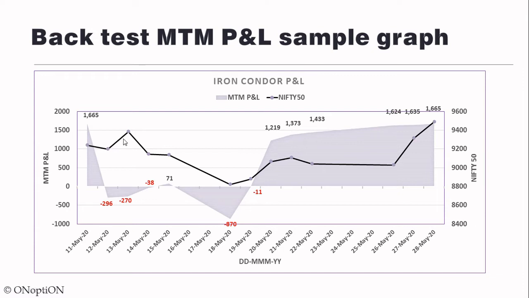You can see that with the movement of Nifty, you would be making either profit or loss. This gives an indication of how much you will be in loss on a given day, and whether you are hitting a stop loss or not. As I said, your stop loss is 1,665 rupees, which is the same as the premium you received.